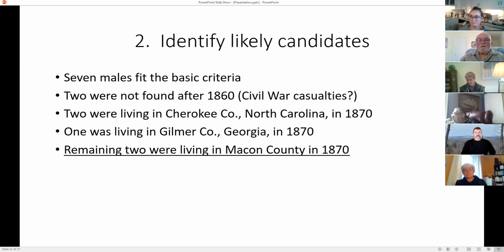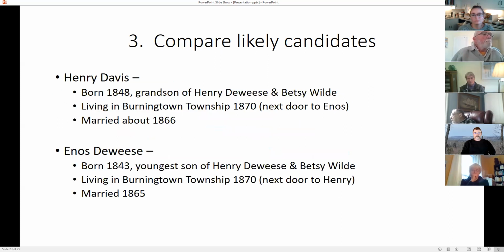So a batch of them moved down there, and one of them was of the right age to have been possibly included in my sample. So I left them in at the beginning, but that only left me 2 more, and both of them were still living in Macon County in 1870. So this looked like the 2 that I really wanted to focus on as the most likely candidates to have been Jane's father. And so we can now move forward.